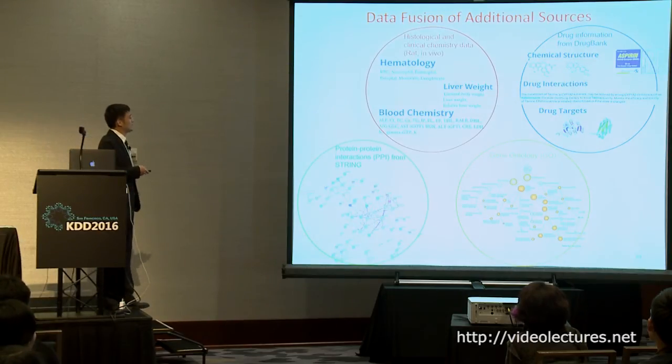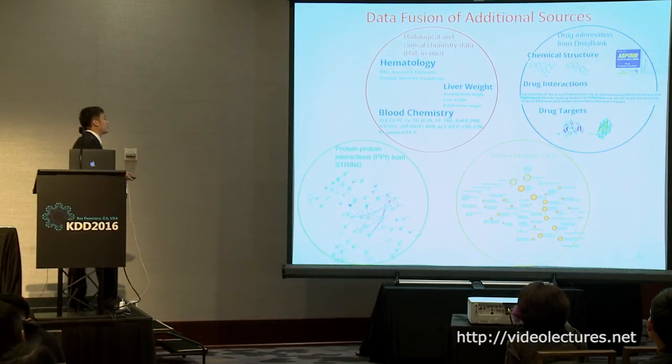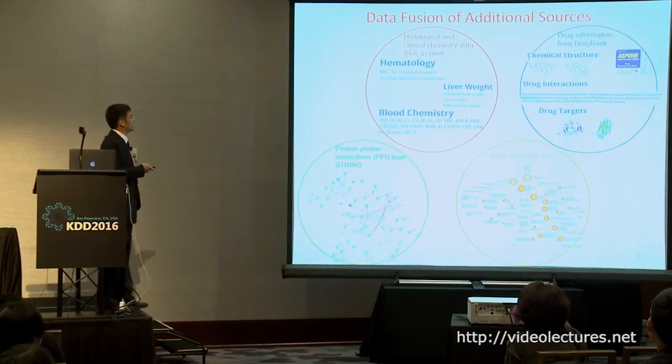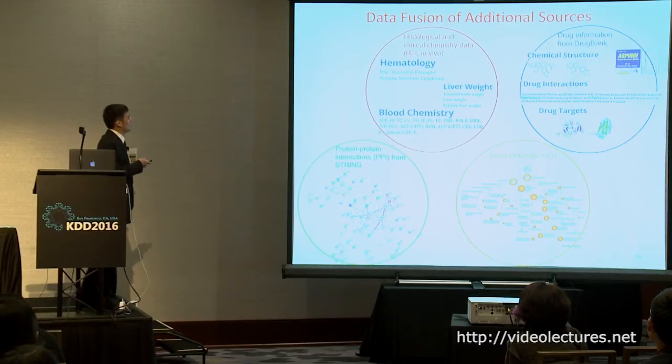And Marinka, in the case study, they consider a lot of side information here, like in the data. Besides the gene expression and the metadata, they also consider a lot of histological and clinical chemistry data, like the liver weight, blood chemistry, and hematology data here.